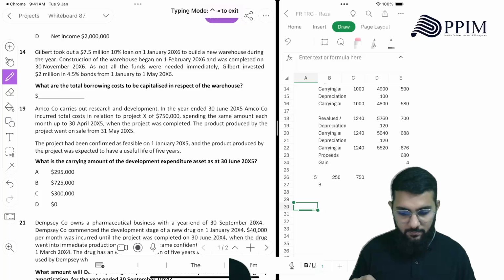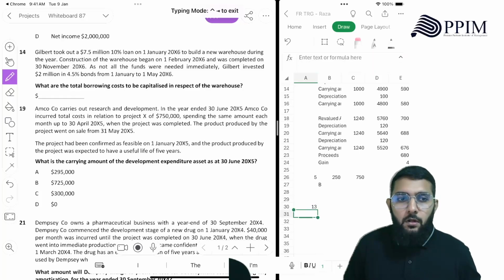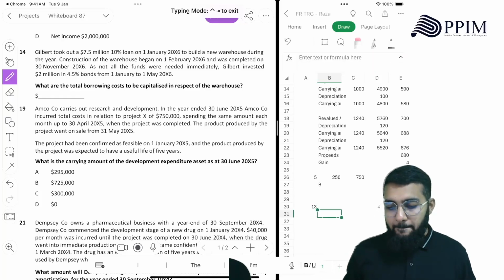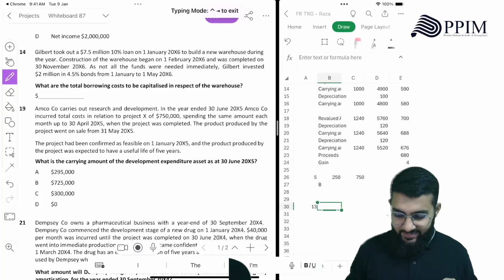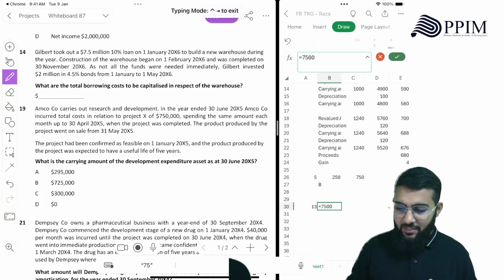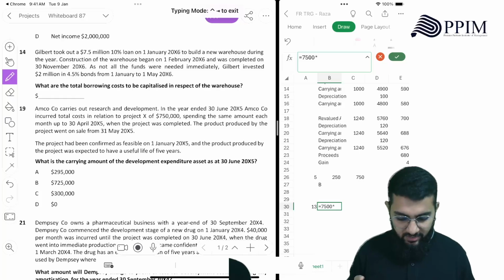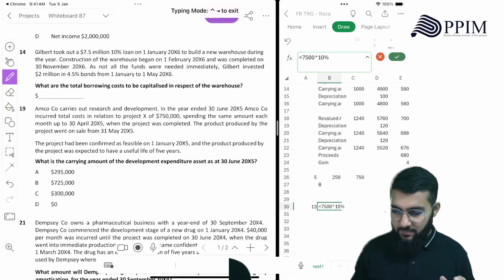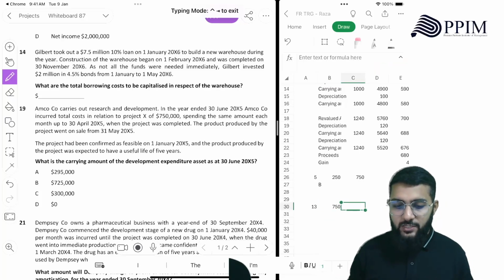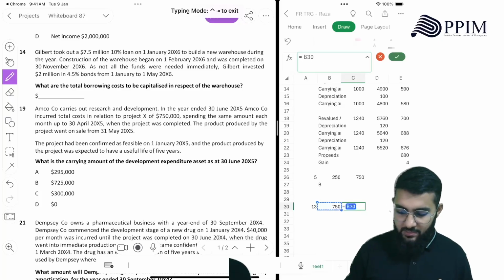Let's do that working. Capitalize 10 months interest, minus the investment income. 7,500 into what's the loan percentage? 10%. What's the interest? 750. That's for 12 months, right? Yes, that's for 12 months. This into 10 divided by 12.